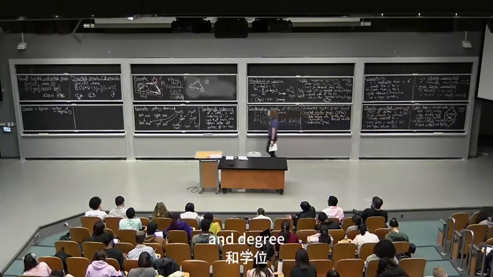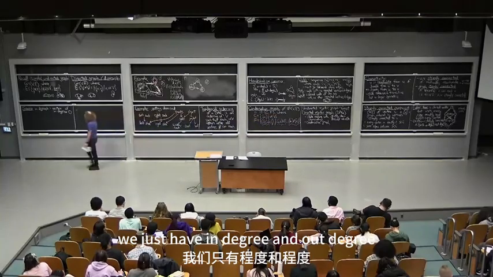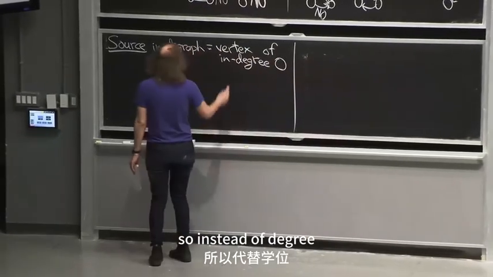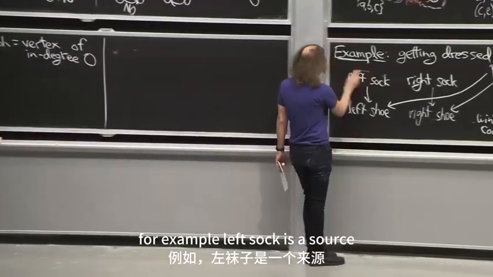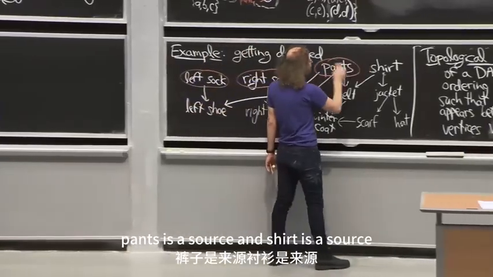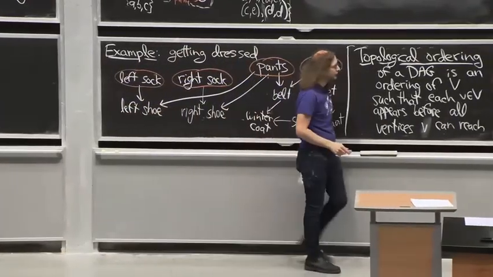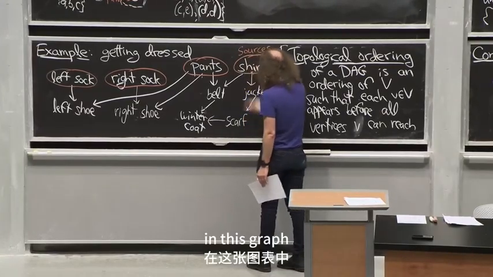And degree 1 vertices, well, there's no notion of degree here anymore. We just have in degree and out degree. So instead of degree 1 vertices, we're going to look at in degree 0. So for example, left sock is a source, right sock is a source, pants is a source, and shirt is a source in this graph.